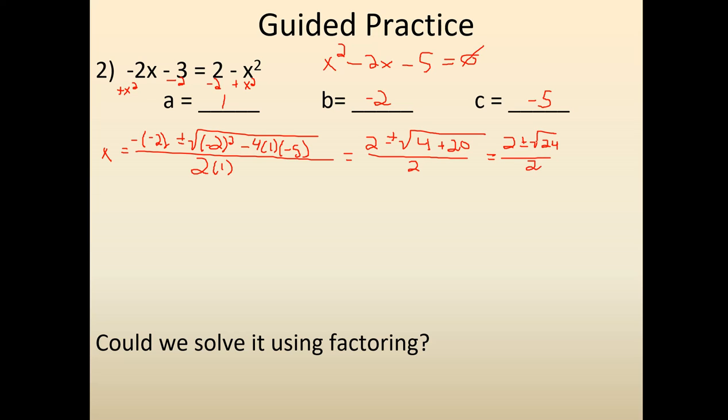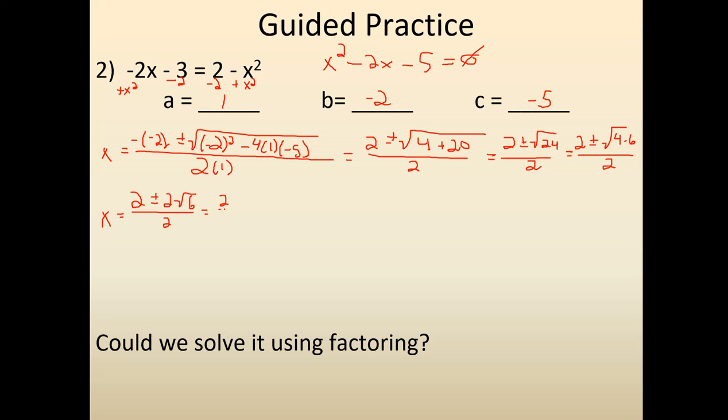Now, if I fool around with this, I actually can rewrite 24 as a factor of a perfect square. I can actually write this as 2 plus or minus radical 4 times 6 all over 2. All right, so the radical 4 is 2, so this ends up being 2 plus or minus 2 rad 6. I can't really factor that any further, all over 2.